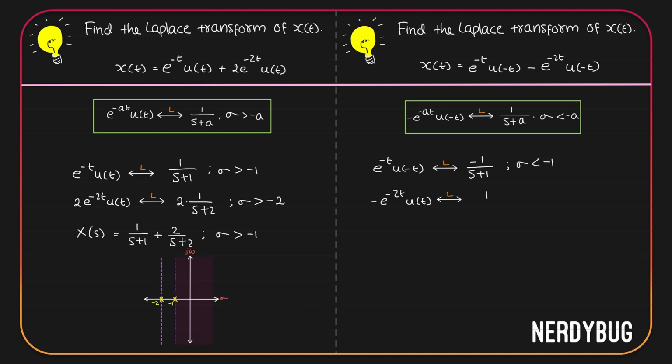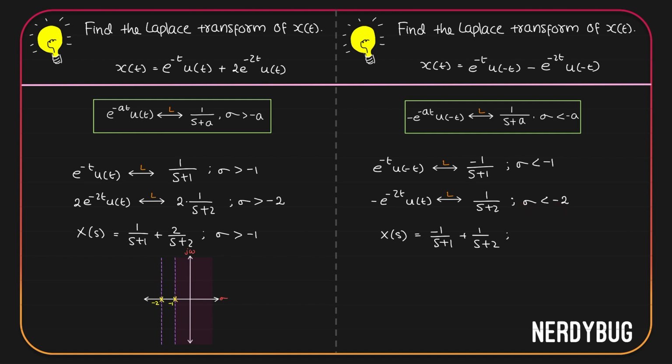So its Laplace transform will be 1 by (s plus 2) and sigma has to be less than minus 2. Combining both of them, we get X(s). X(s) will be minus 1 by (s plus 1) plus 1 by (s plus 2), and its ROC is the region where both these component signals converge. First one converges for sigma less than minus 1, but the second one only converges for sigma less than minus 2.